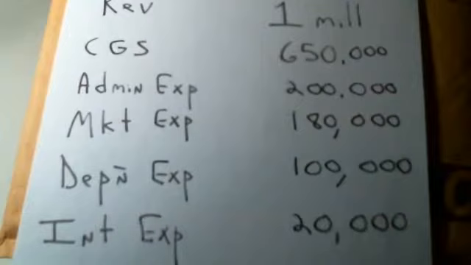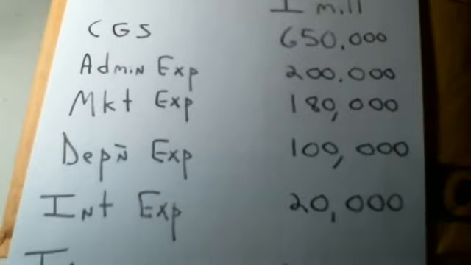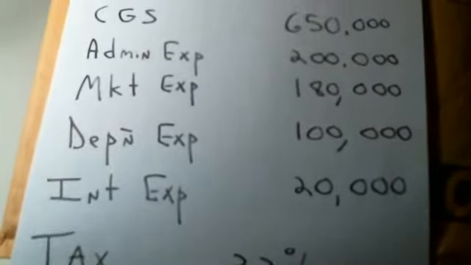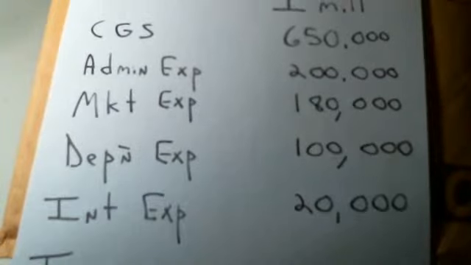Interest expense typically will come from your leasing or some financial expense that you owe a company. You borrowed something, you have a lease on some equipment, etc., and there's some interest expense. And we also get a tax of 33%, which we really don't need.